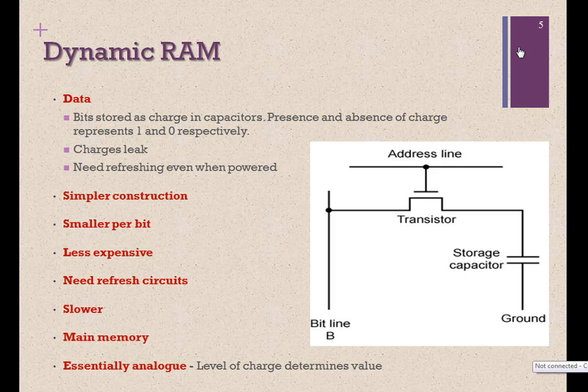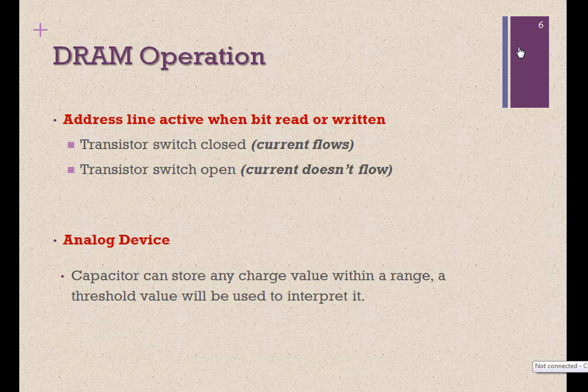There are some limitations mentioned on the left side: it is smaller per bit, less expensive, and slower, and it is essential for analog purposes. DRAM operations include reading and writing a bit. When the transistor switch is closed, current flows, and when it is open, current doesn't flow.